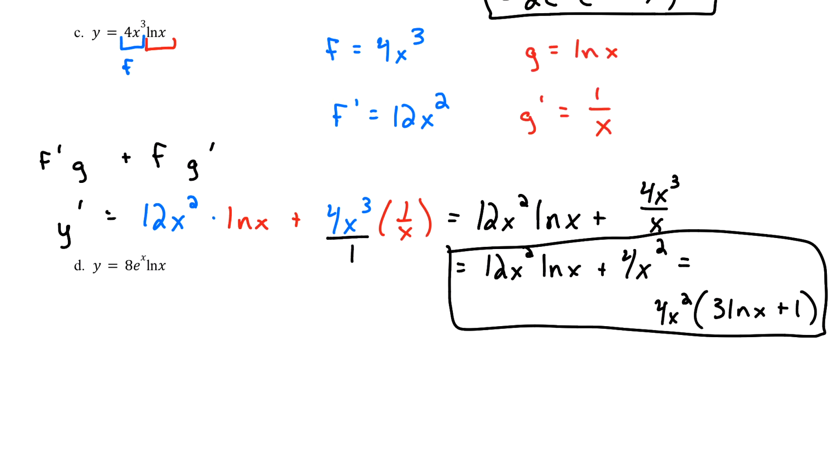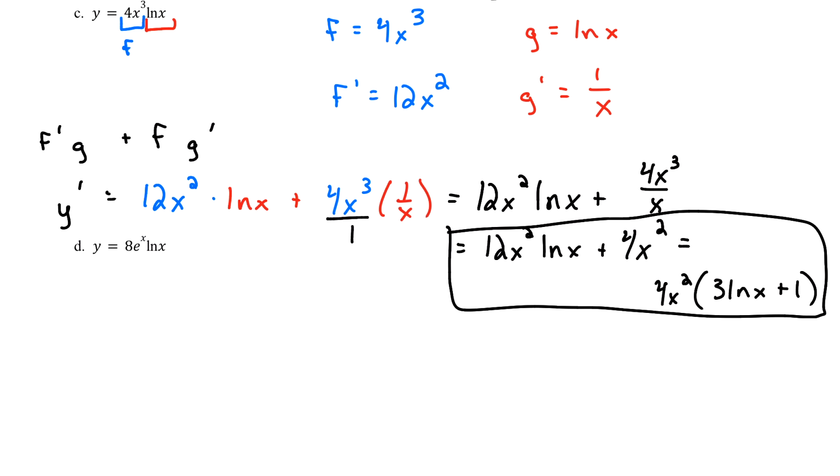If you feel comfortable figuring those out as you work through the problem, that is perfectly fine. And in fact, I would encourage you to do that because it's going to speed up some of these problem-solving processes. If you feel like you need to continue to keep writing out f prime, g prime, then go ahead and do that. There's absolutely nothing wrong with that. If it helps you get the problem right, then keep on doing it.